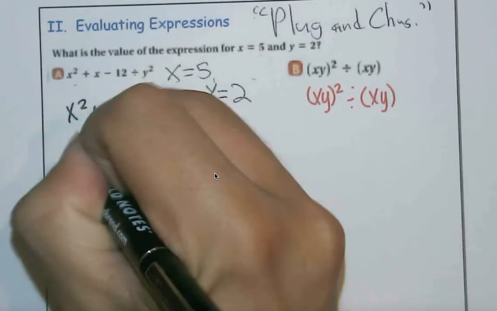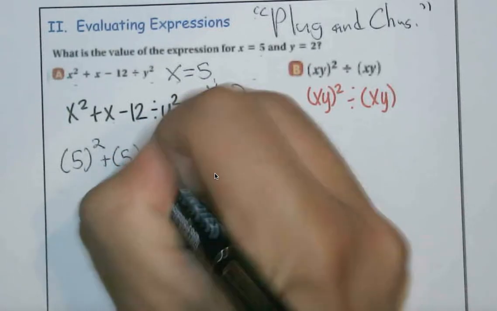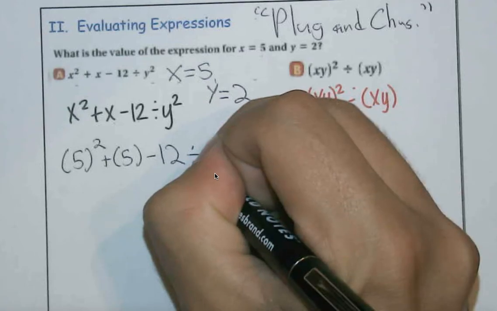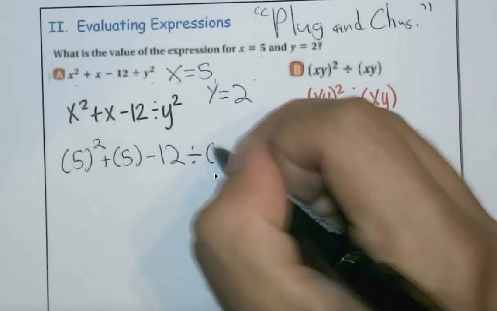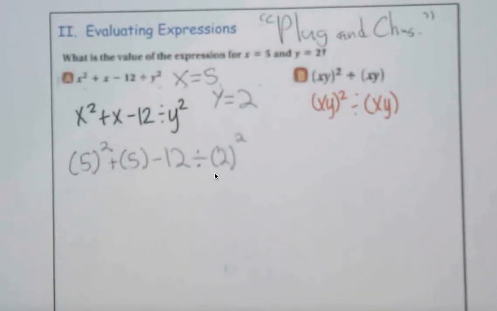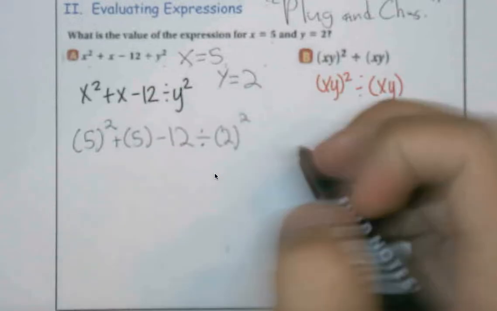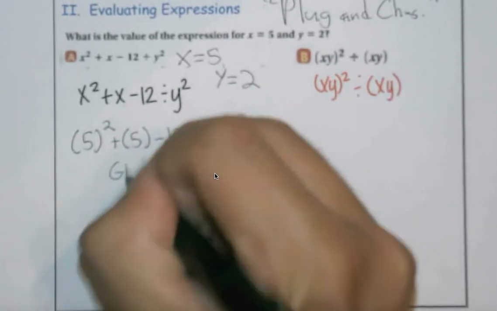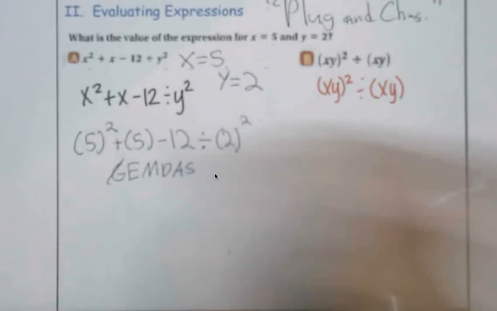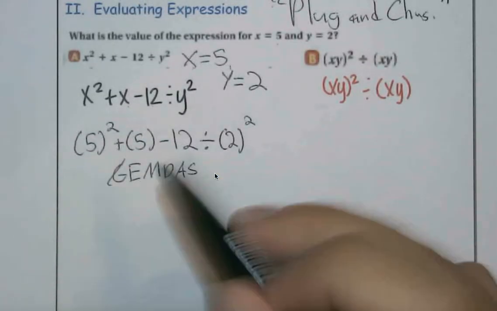So I have 5 squared, adding on 5, taking away 12, dividing by now 2 squared. Is there anything that we need to group here? Are there any exponents that we have here? Hopefully you see the exponents of 5 squared and 2 squared.